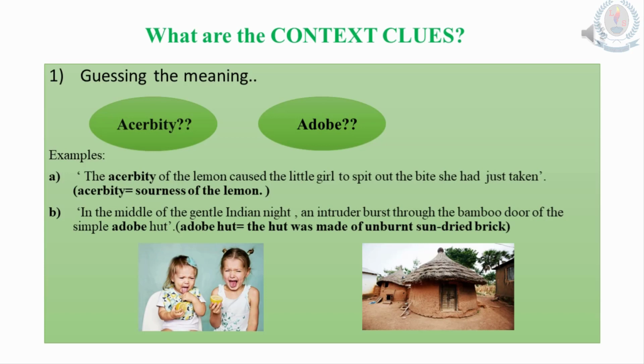And also let's move on to our example B. In the middle of the gentle Indian night, an intruder burst through the bamboo door of the simple adobe hut. So adobe is a new word for you. Here the hut is described with the adjective adobe.